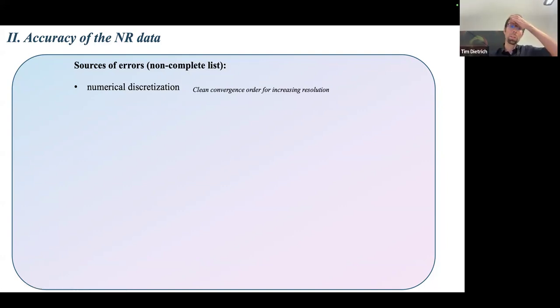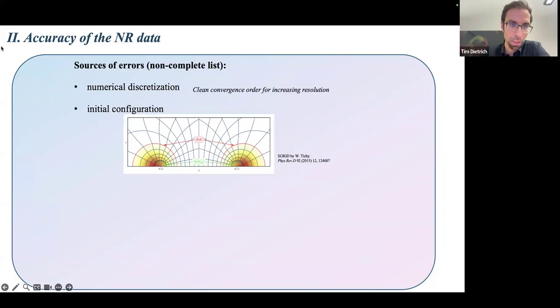More or less all the codes that are used in doing hydro simulations use either finite differencing or finite volume methods for the matter itself. Even if the spacetime might be discretized spectrally, the fluid isn't. And here you really get the biggest error in the waveform model from this discretization. So this means you either need higher resolution or some other more fancy methods that I show on the next slide to reduce this error.